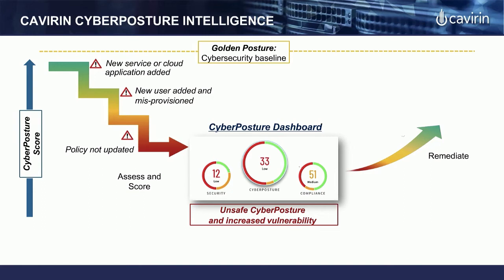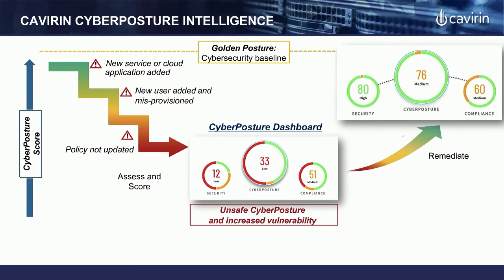And last but not least, once we give you a sense for where you stand, we also help you remediate those findings using a prioritization approach based on our proprietary cyber posture algorithm. So again, the idea here is we monitor, tell you how you're doing, and then help you remediate. And a big portion of today's talk is really around how you actually automate the remediation process itself from a system like Cavirin.